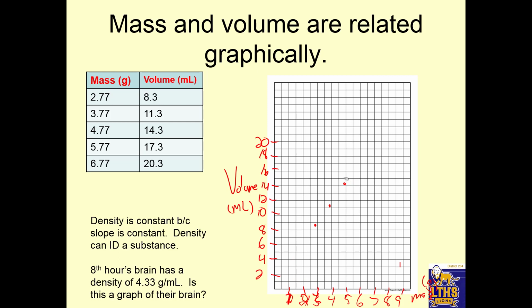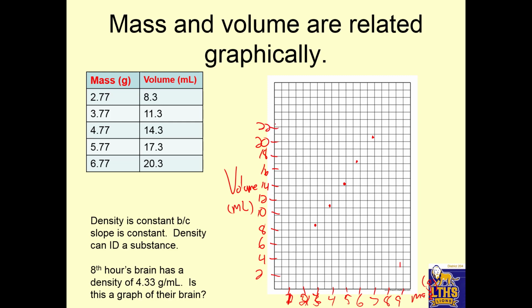And notice how I'm not crazy with being super exact, but they're really close on these, okay? 5.77, 17.3. Now, I've graphed these points, but I haven't talked about them very much, okay? And then 6.77 goes up to 20.3. And then this would be 22.